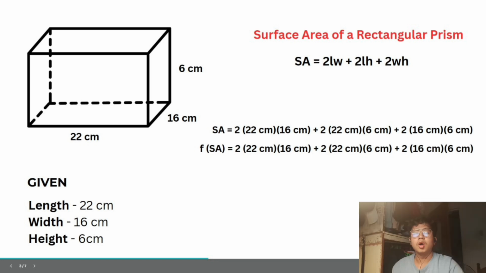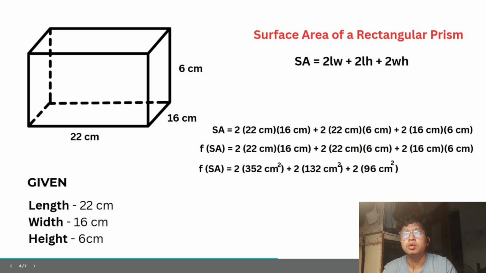So firstly, obviously we are going to use the order of operations, PEMDAS, in this, which means we are going to multiply these numbers first. 22 centimeters multiplied by 16 centimeters equals 352 centimeters squared, and 22 centimeters multiplied by 6 centimeters equals 132 centimeters squared, and 16 centimeters multiplied by 6 centimeters equals 96 centimeters squared.